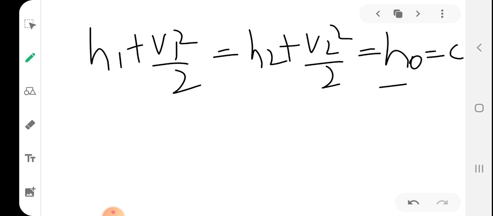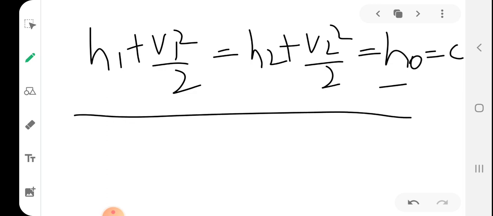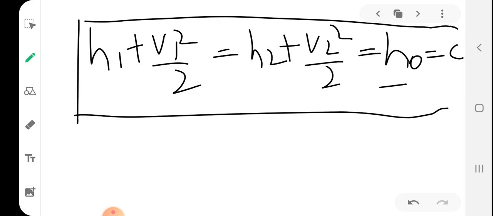H0 means stagnation enthalpy, that is the enthalpy when the velocity is 0. So this is the third equation that will be required while deriving the conditions for the normal shock. Ensure that all these three equations are clear to you. These equations are simplified based on the general characteristics of the normal shock wave.